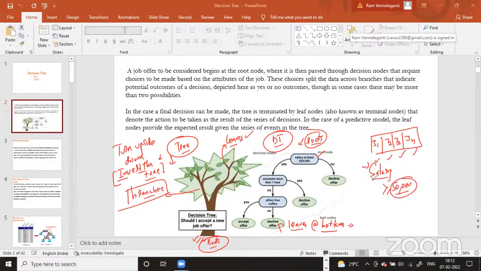If my salary is less than $50,000, then I'm not going to accept that offer. I'm going to reject that offer. So the first job offer I have rejected.